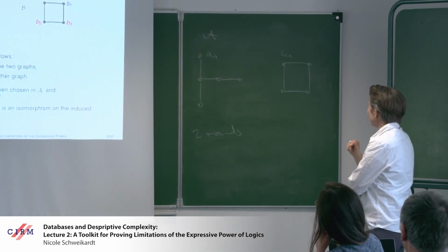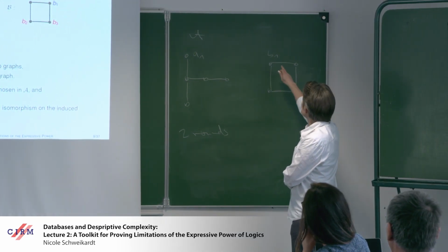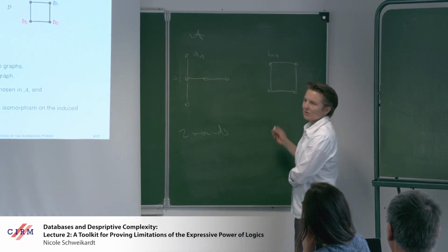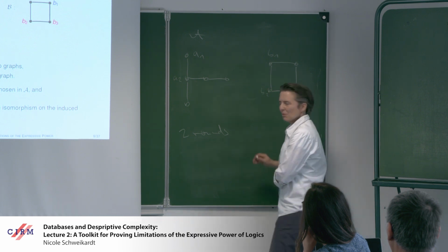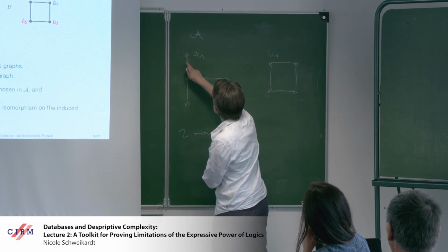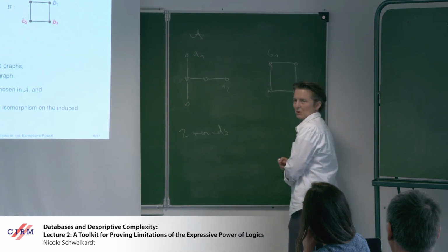And the one just below A1, you take this one. And what will you do if you just take this one? What would duplicator have done if spoiler chose something that's not directly connected? Well, he would have chosen that one.